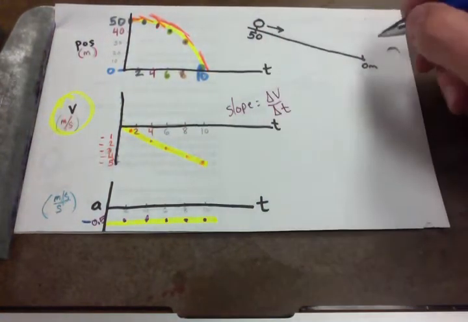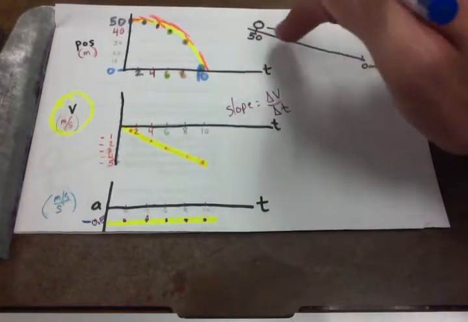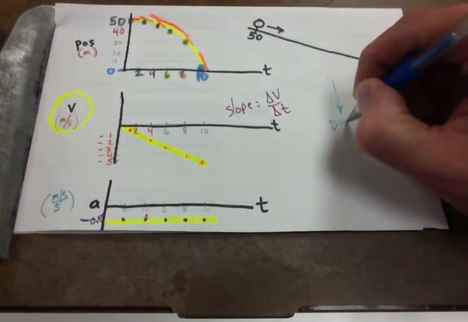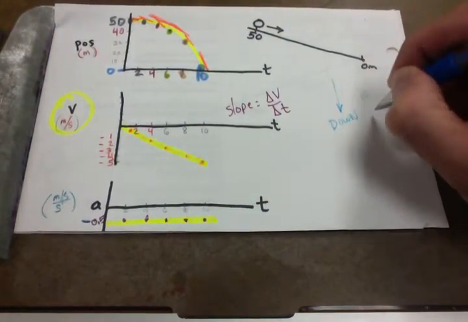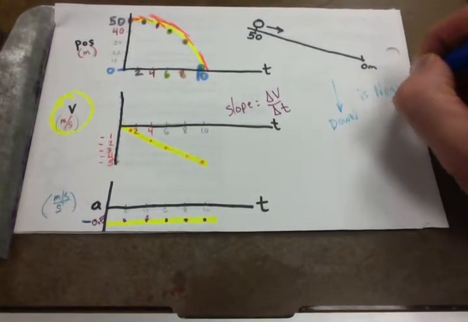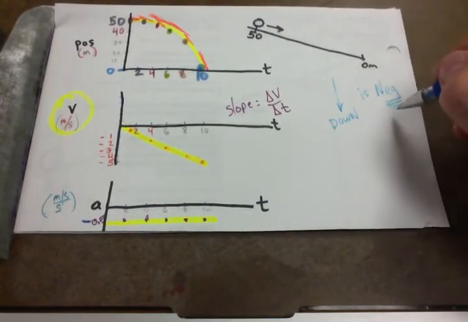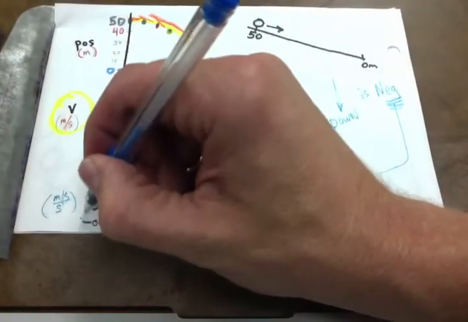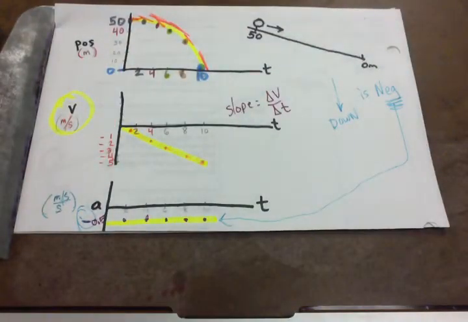If you look at this picture here, this is going in the negative direction, and in fact down we would call the negative direction. Gravity is always pulling it down. If down is your negative direction, acceleration due to gravity should also work out to be negative.